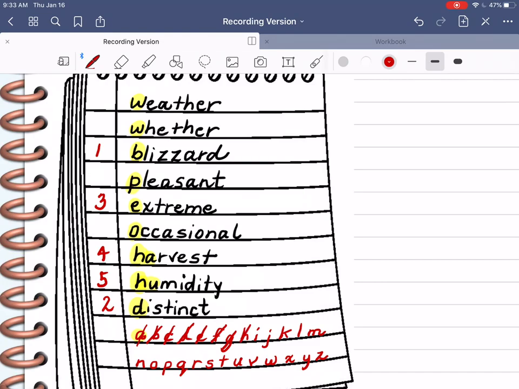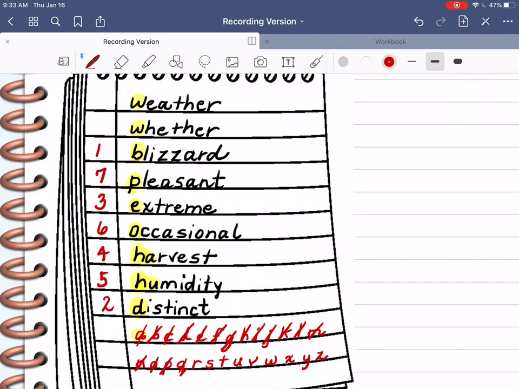So that one's done. No I's, no J's, no K's, no L's, no M's, no N's. O, we do. We have occasional. So that will be number 6. P, we have pleasant. That's 7.